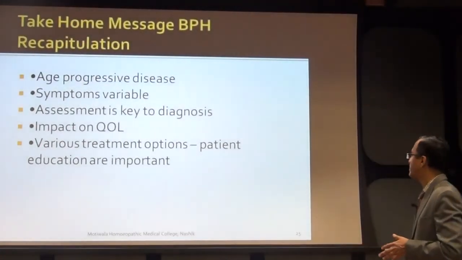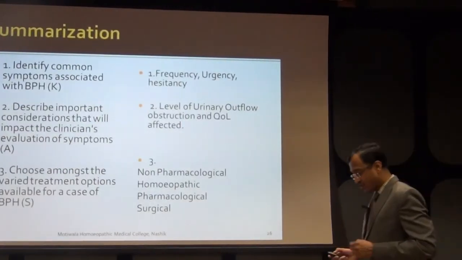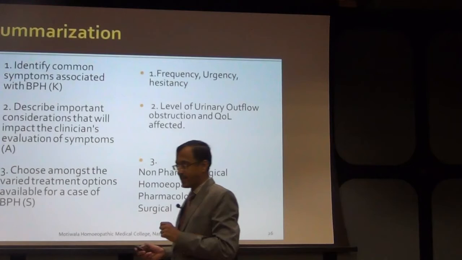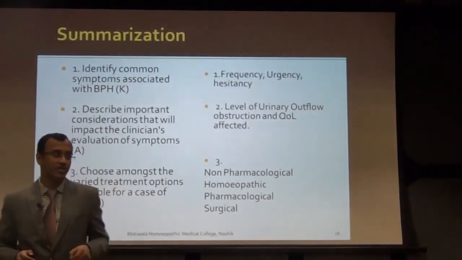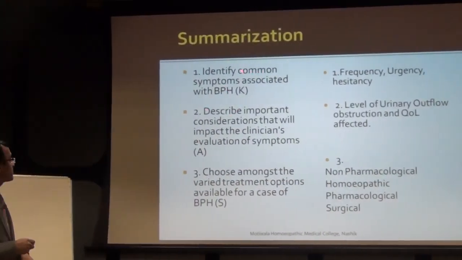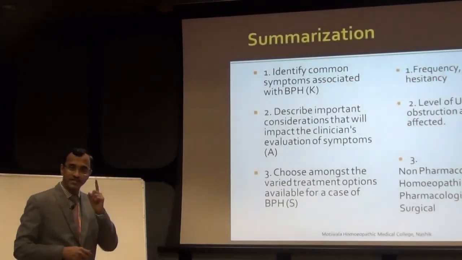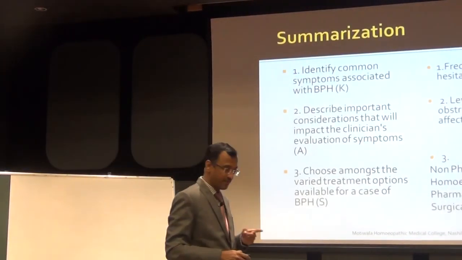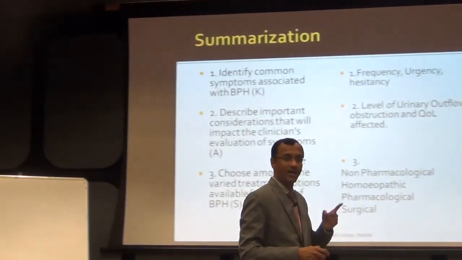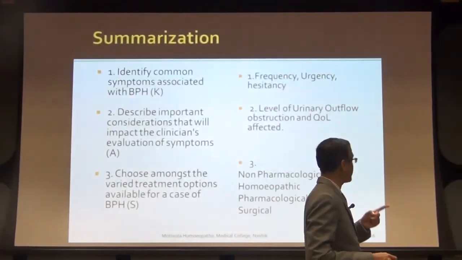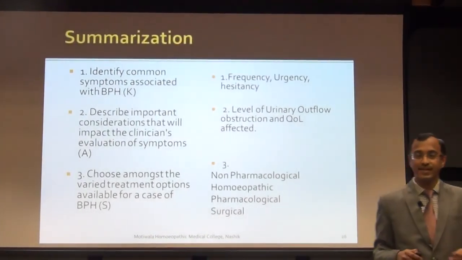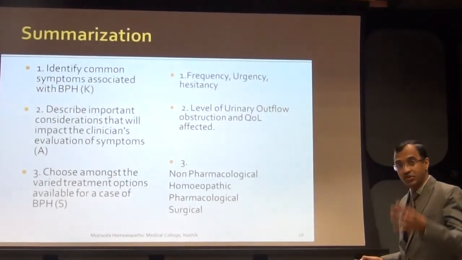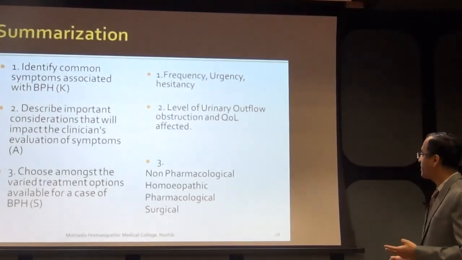So coming to the summarization, our objectives were to identify the common symptoms associated. So I will again repeat. The common symptoms which can help the student to diagnose are frequency, urgency and hesitancy, and weak urinary stream, which is very important.